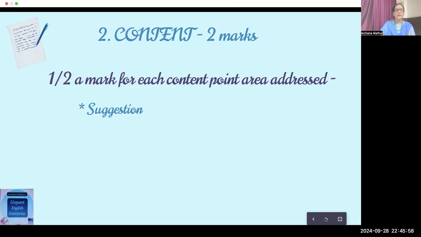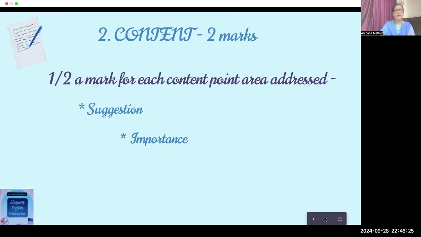For example, if you are writing to the principal about improvement of school facilities, then your suggestion might be to allocate more funds for maintenance and repairs, okay? So that's a suggestion. The second one is importance. This section, like in your content, explains why your suggestion is important or beneficial in the larger context.